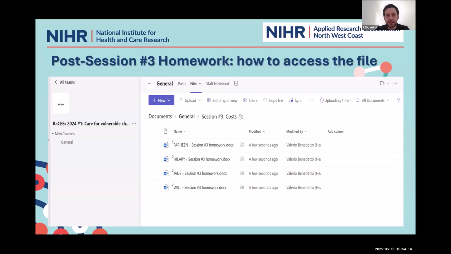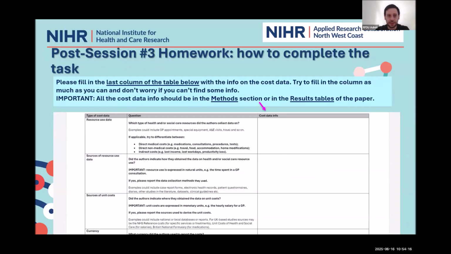You can open that document and you will see this table with the first 2 columns, which give you information about the type of cost data you need to concentrate on, for example, resource use data. Then you have a question, for example, which type of health or social care resources did the authors collect data on, and you have some tips as well about where to find this information.